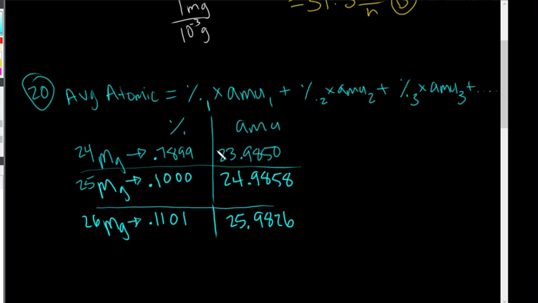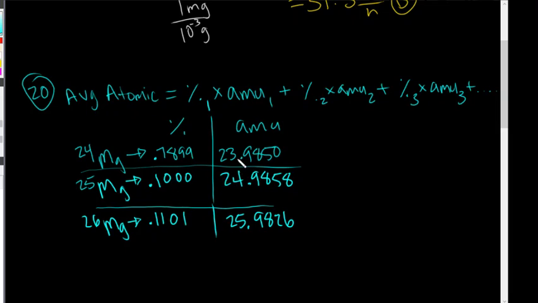So quick thing of note right here, approximately 80% of this average mass is going to be coming from something that weighs 23.9850. So you should be closest to this number. That's just something you want to keep in mind. Whichever one's contributing the most mass, or the highest percentage, your mass is going to be closest to that. And these are only off by about 1 AMU each.